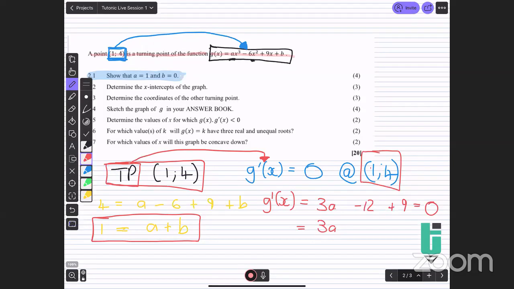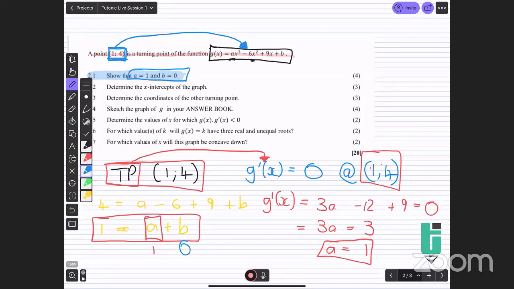So 3a equals 3, so a equals 1. And if a equals 1, then what does that make b? Equals 0. And that's what they wanted you to show.